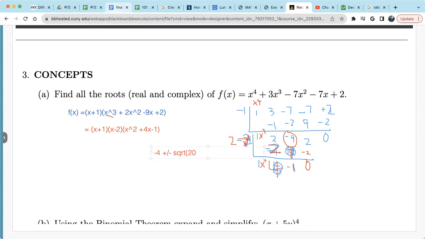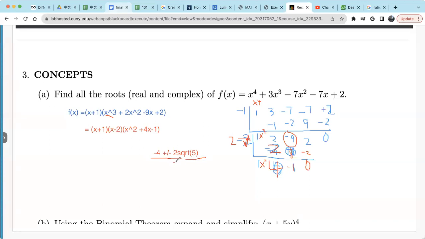Square root of 20 can be simplified, right? Because square root of 20 can be split as square root of 4 times square root of 5. Square root of 4 is 2. So square root of 20 becomes 2 times square root of 5. Then this is all divided by 2a.